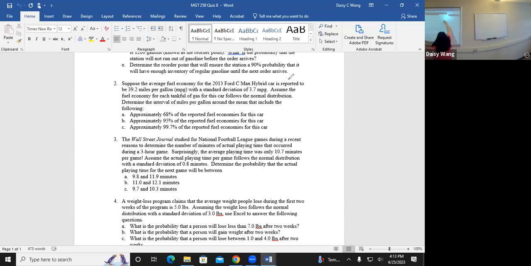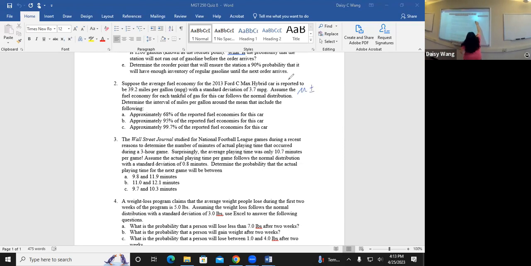So the confidence interval will be mu plus or minus the margin of error, right? Margin of error is sigma times the z. When this is 68%, the z is 1.